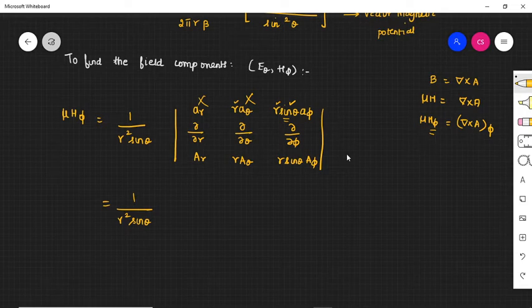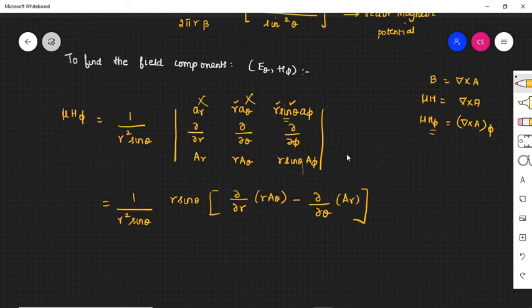So taking this term alone, it is r sine theta into dou by dou r of r A theta minus dou by dou theta of A_r. Once again, A_r is just the magnitude term. It is very small when you compare to the field. So this term will be neglected and this will be taken as 0.